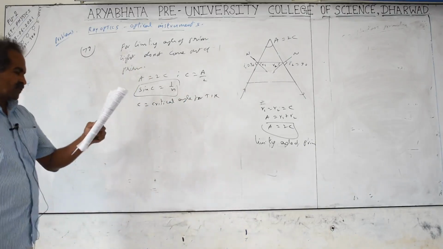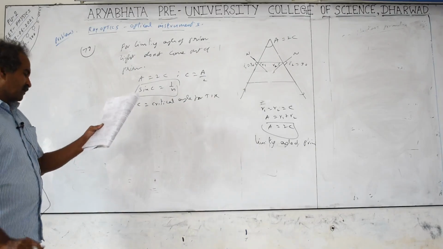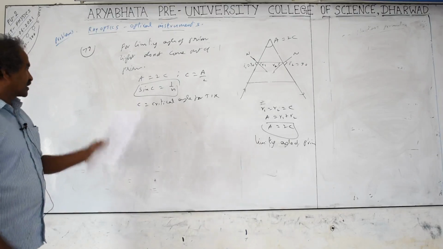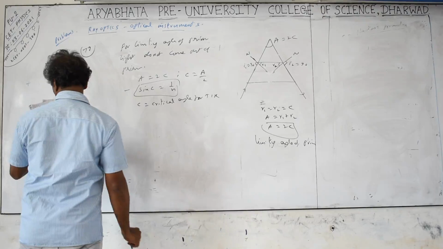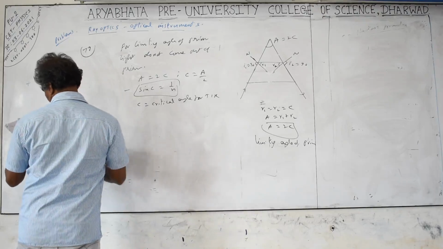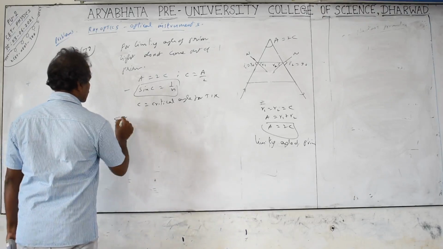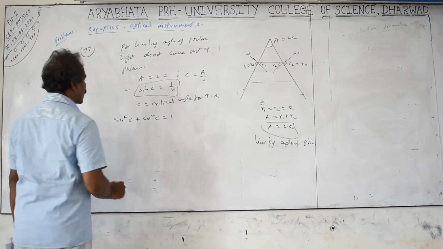This was a previously asked question. You have to identify which option is correct. You can go in reverse direction, calculating from the options, or we check from the calculation itself from this relationship of critical angle. Sin C is equal to 1 by n, C is equal to A by 2. We have the relationship sin square theta plus cos square theta is equal to 1. Sin square C plus cos square C is equal to 1.